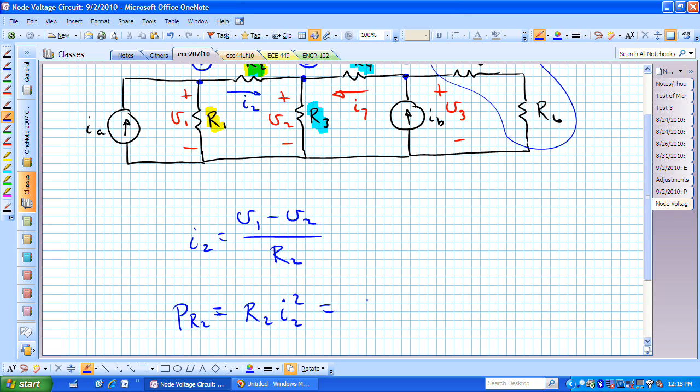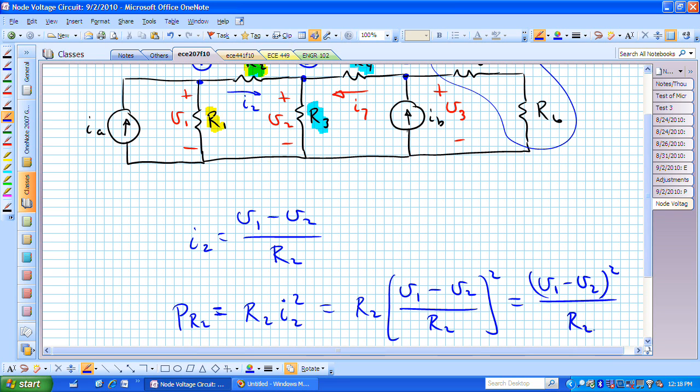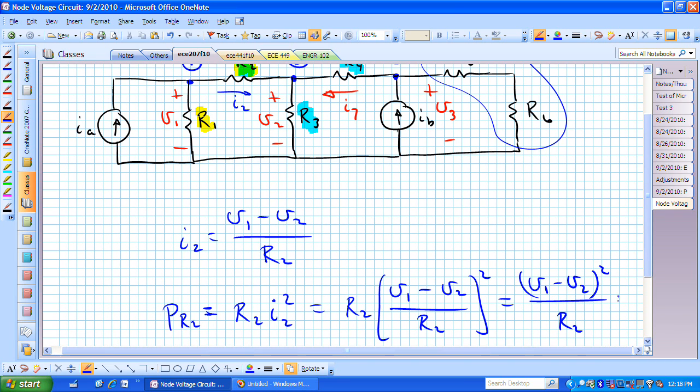And we could then write that as R sub 2 multiplying V sub 1 minus V sub 2 over R sub 2 quantity squared. And if we cancel one of the R sub 2's, we have V sub 1 minus V sub 2 squared over R sub 2, and that's the power absorbed in watts by resistor R sub 2.